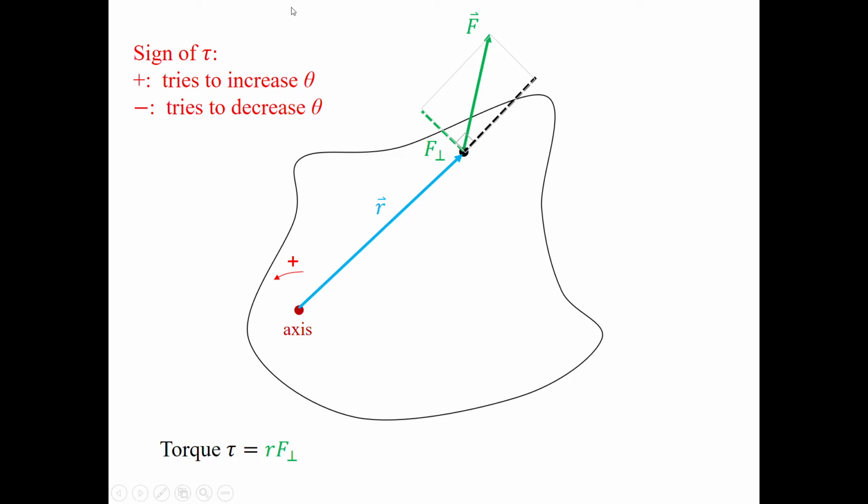So for example, in the situation here, we all know if I push in this direction, it's going to succeed to some degree in starting to get it to rotate around in that direction. So it will try to get it to rotate in the increasing theta direction. So that would be a positive torque. Whereas if I pull with a force in this direction, down there, it's going to try to rotate it in the negative angle direction. So we would call that a negative torque. You've got to define what the direction of positive rotation is to know what the sign of torque is.